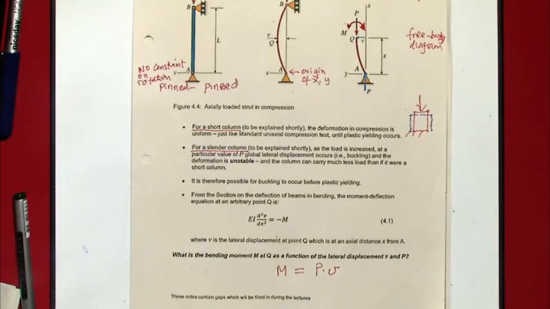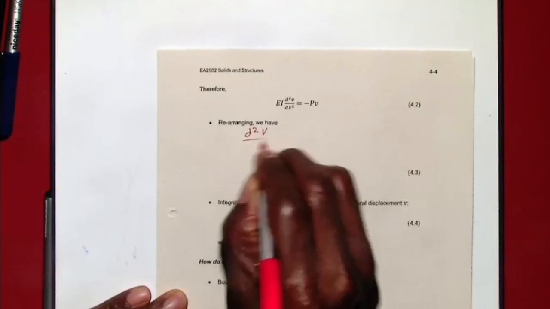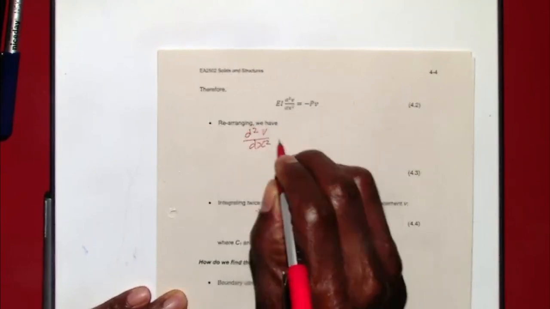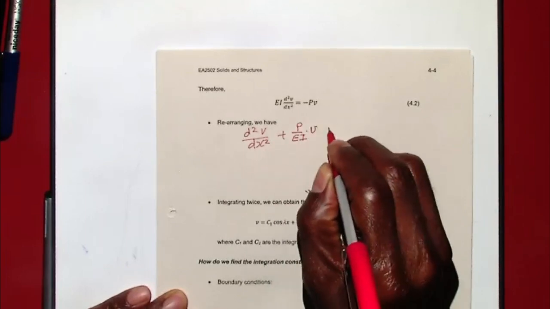So if I put that in our bending deflection equation, instead of bending moment I'll put P times V. I'm going to bring PV to the left hand side, so I now have d2V/dx squared plus P over EI times V equals 0.